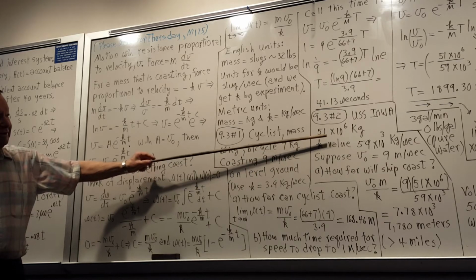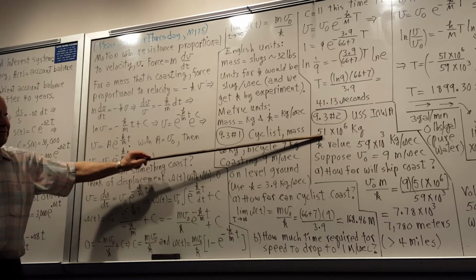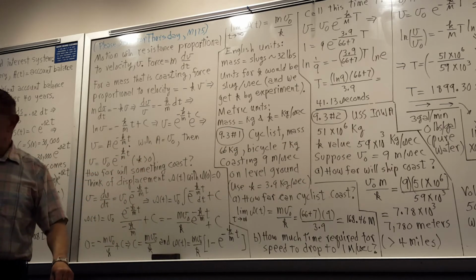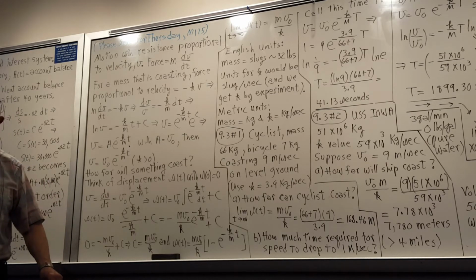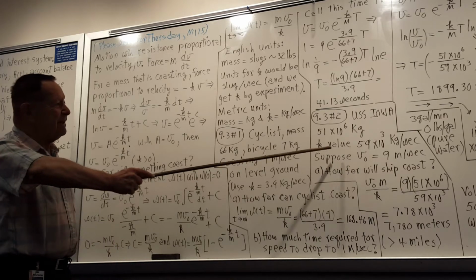10 to the cube is a metric ton, so this is 51,000 metric tons, and the metric ton is 2,200 pounds. So in English tons, it's a lot of tons, something like maybe 60,000.